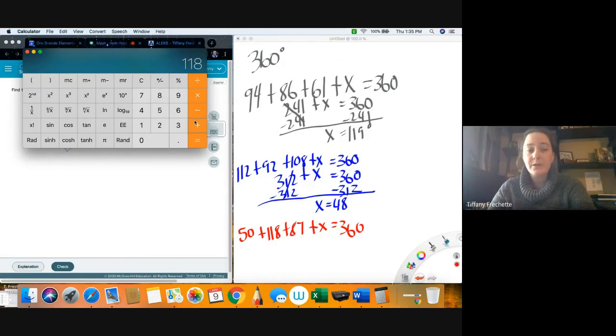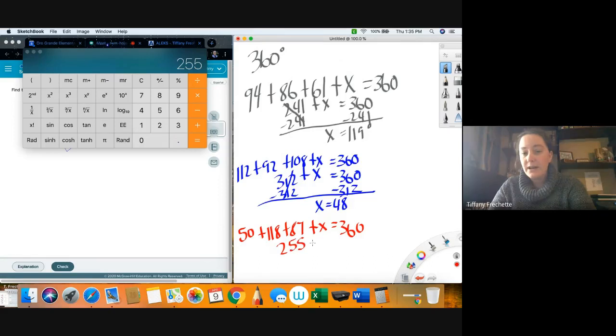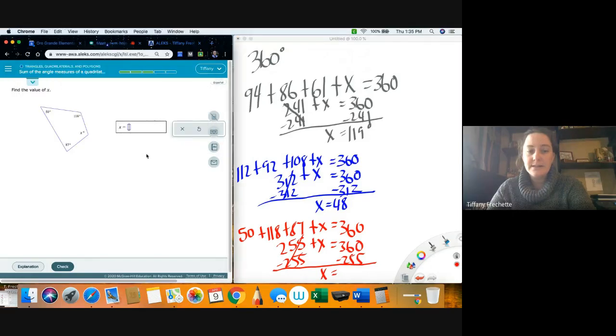So we have 50 plus 118 plus 87, and that gives us 255 plus x equals 360, and we're going to subtract 255 from both sides. So we end up with x, because 255 minus 255 cancels, equals 360 minus 255.